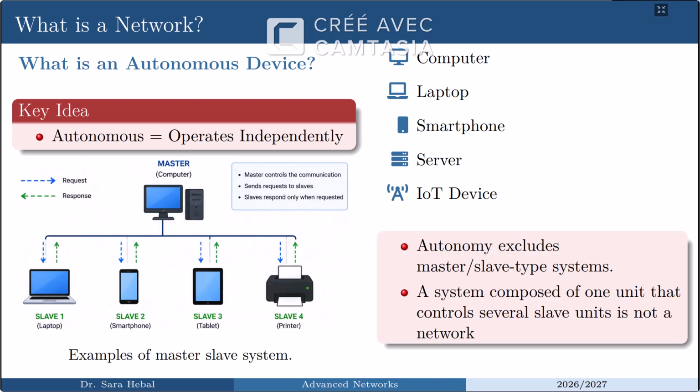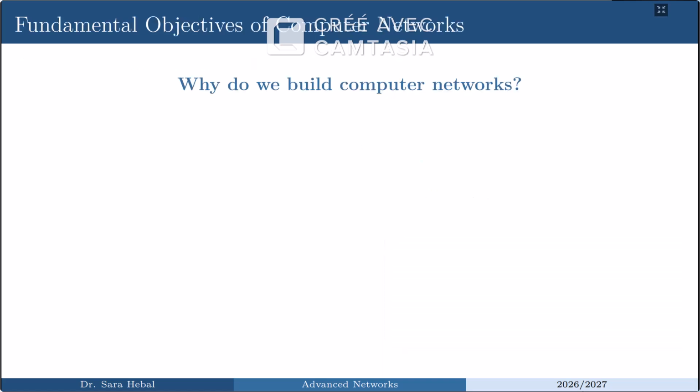Thus, a system where one central controller completely controls several dependent devices, in general known as a master-slave system, is not considered a computer network in the traditional sense. In a network, each device has its own intelligence and participates in communication independently.